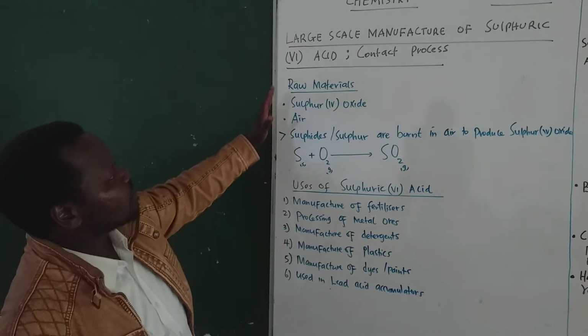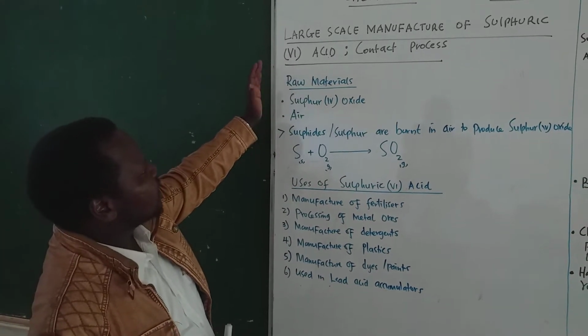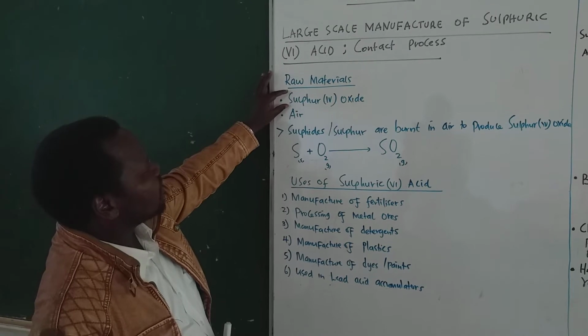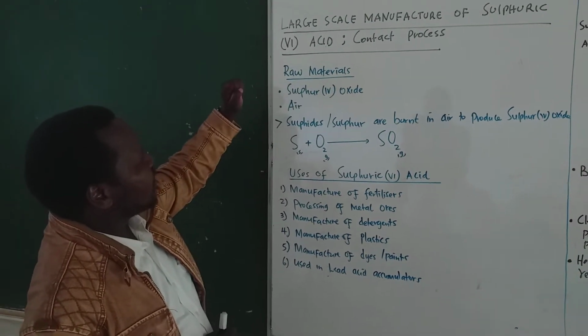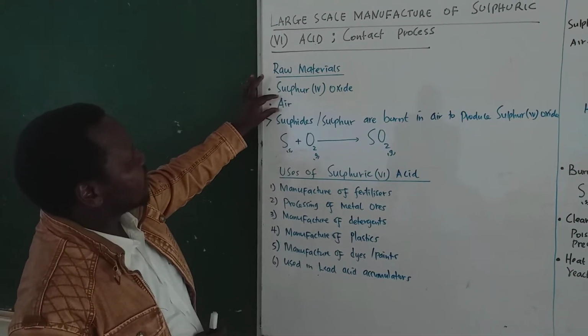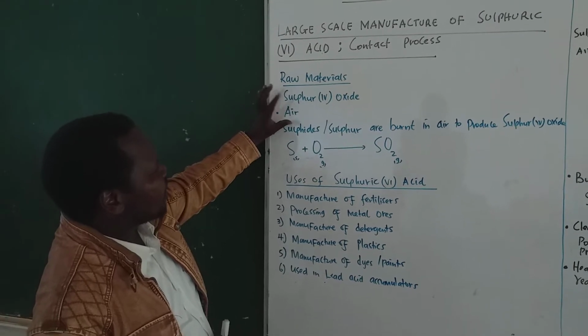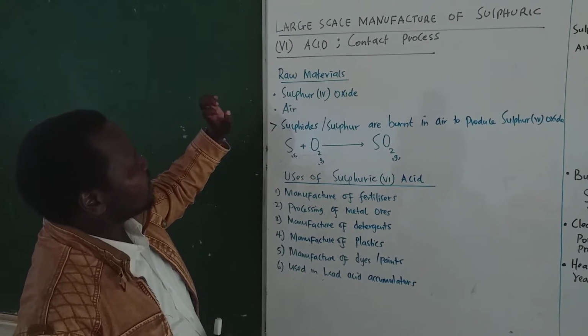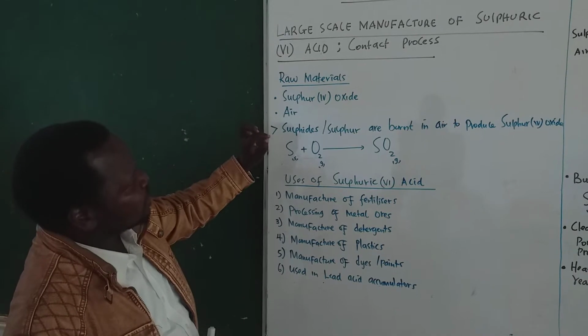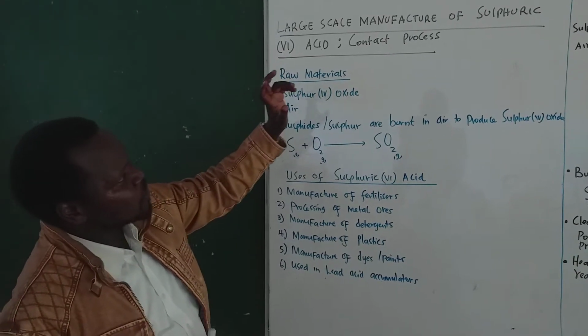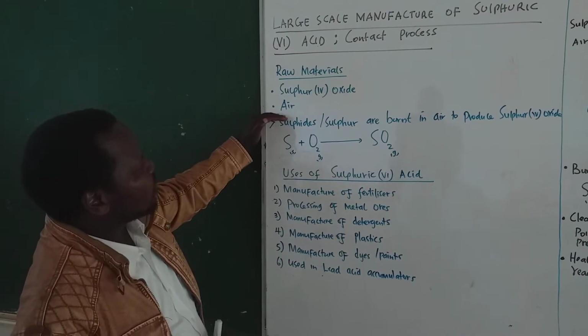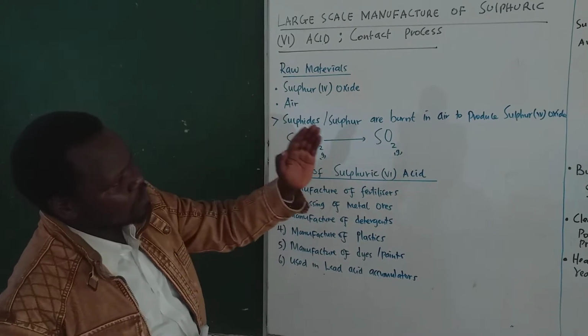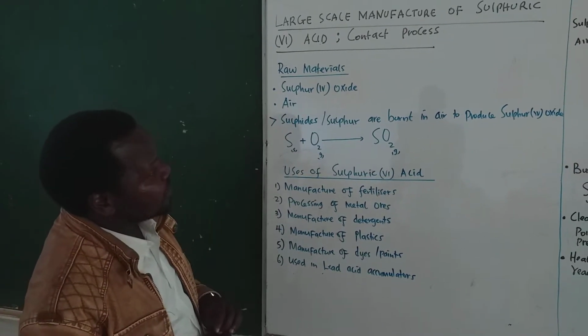The raw materials for this contact process: one of them is sulfur 4 oxide, and the other one you also require is air. There is also concentrated sulfuric acid, but because it's also produced in this process, we will just mention it as we are going to consider it in the flowchart.